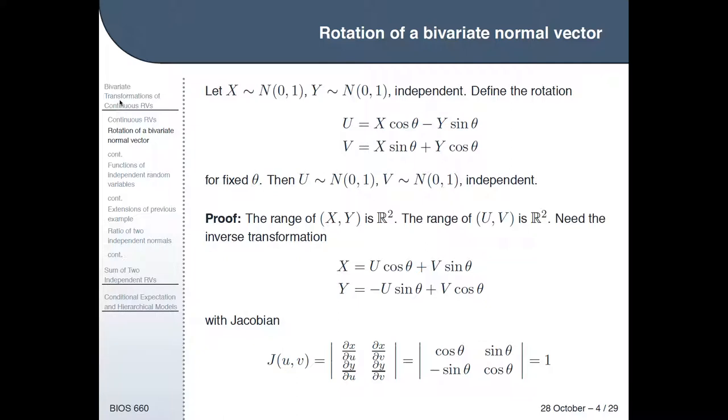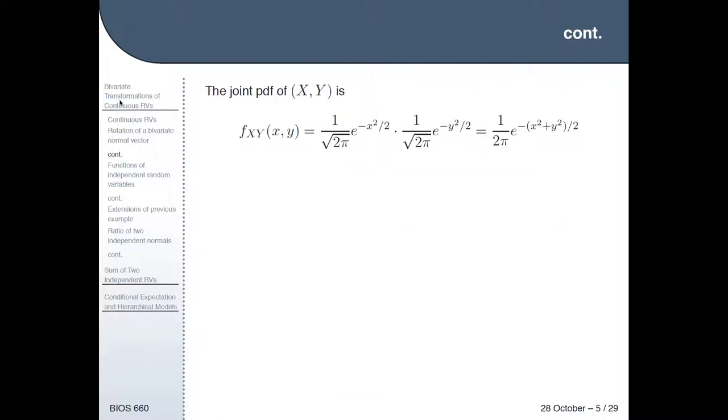You end up with cosine theta, sine theta, and conveniently when you take the determinant, you get cosine squared plus sine squared, which of course is equal to 1 if you remember your trig identities, so when we multiply by the Jacobian, it's just 1, which makes our life easy.